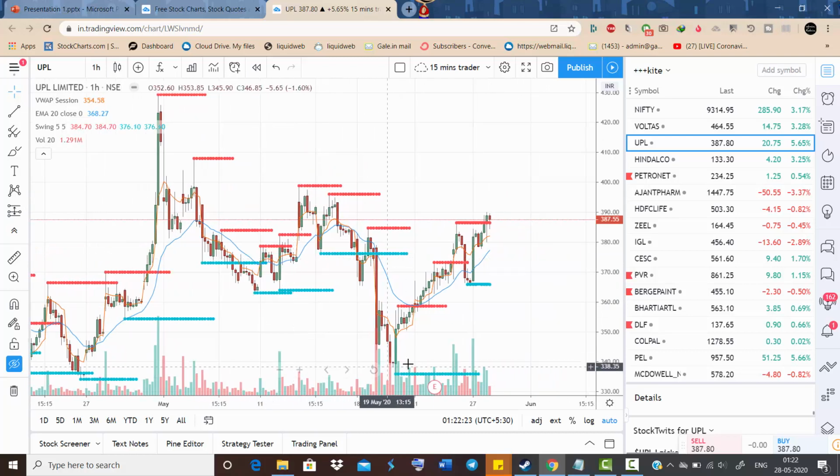You can see UPL pulled back from 335 to 386, and for the first time it has come down and found support. That was yesterday.